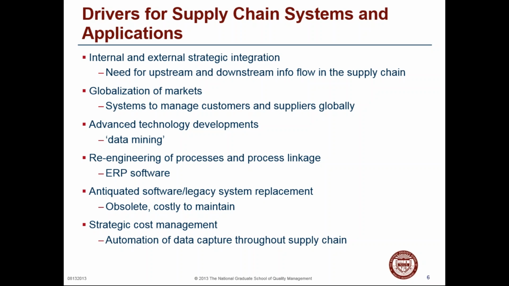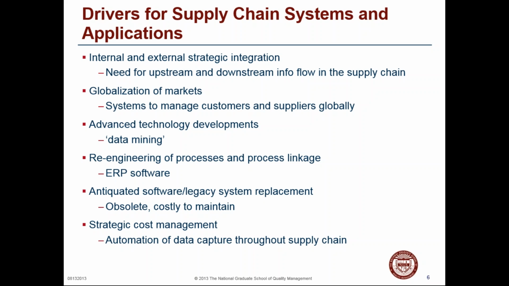New e-business economy, and these include what's on the chart here, those internal and external strategic integrations, that need for the upstream data, right? The globalization of markets, systems to manage those customers and suppliers globally, right? And then certainly the advanced technology development, so all that data mining, the data analytics, and then the re-engineering of processes and process linking that's really taken place in those ERP, MRP type softwares.